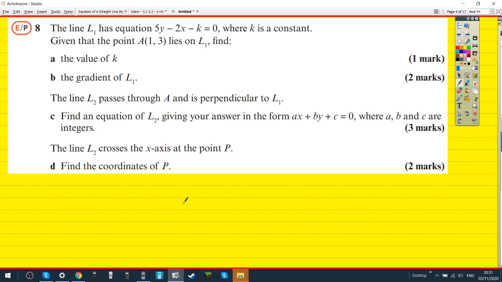So do we want to minus 5y on both sides? You could. So instead, do we plus k on both sides if we want k? Great idea. So it'd be 5y minus 2x equals k.